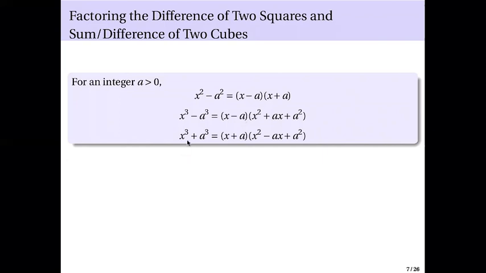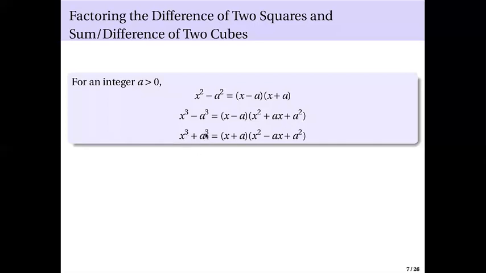If it were plus, you will have x plus a as the first factor, and then the same process as before. But this time, for x cubed plus a cubed, the middle part of the second factor will be minus. For x cubed minus a cubed, the first factor is x minus a, and in the second factor everything is plus.